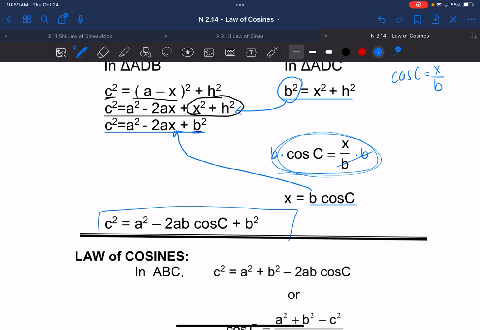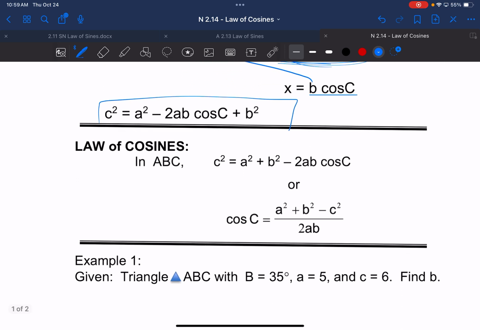Okay, so you don't have to prove it again. I just wanted you to know where it came from. The reason we want to get rid of any variable besides A, B, or C is because we only have our A, B, C vertices and then the lowercase a, b, and c across from those vertices, just like yesterday.